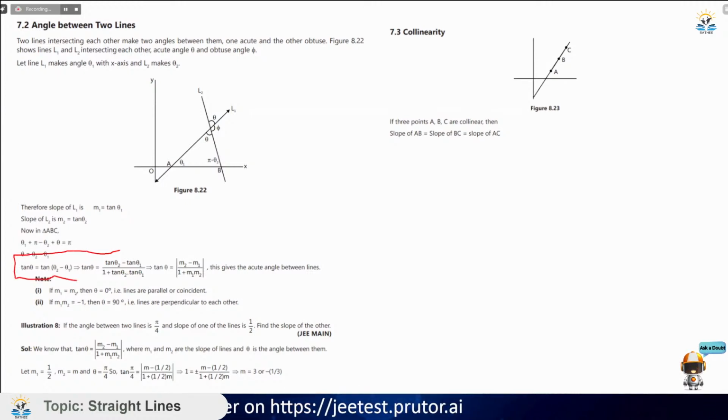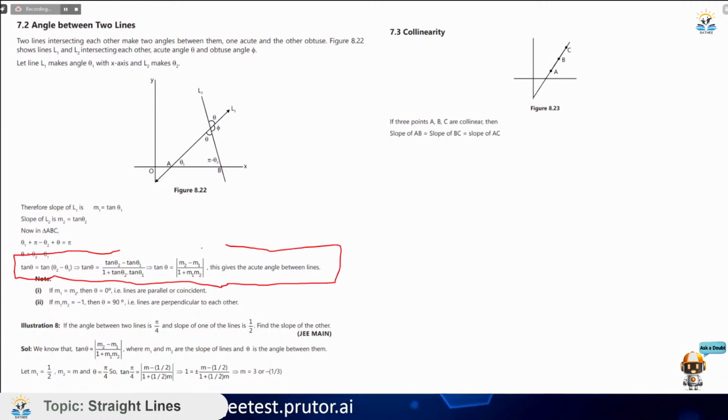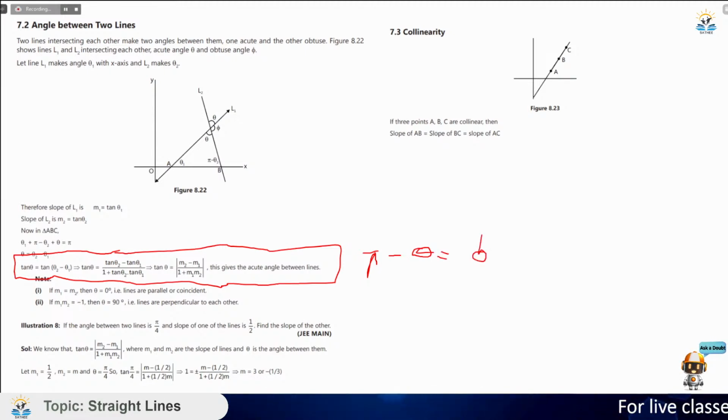Next, this only gives the acute angle. For obtuse, pi minus theta is equal to phi. Then some notes.